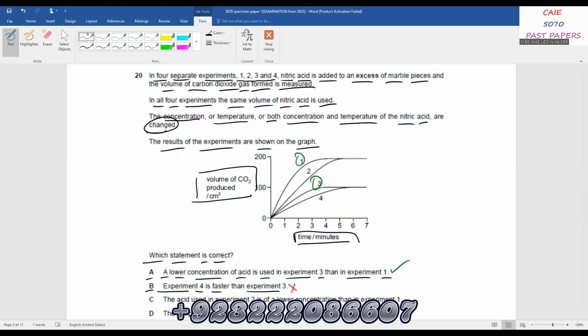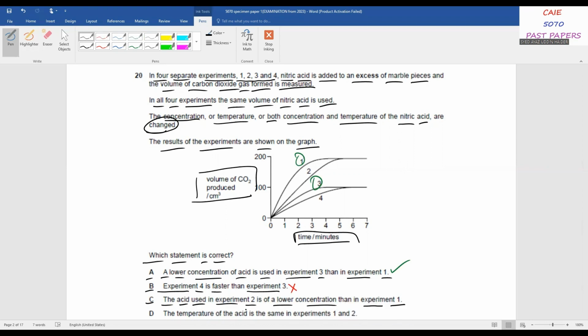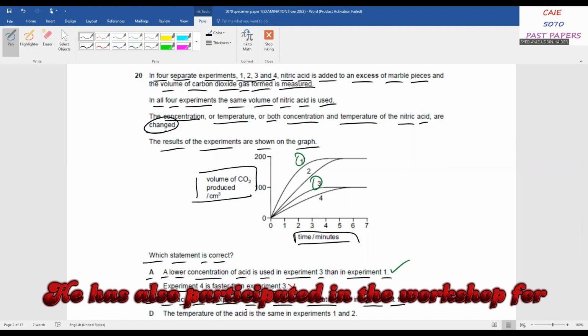Choice C. The acid used in experiment 2 is of lower concentration than in experiment 1. Let's compare experiment 2 and experiment 1. Which is of lower concentration? They are saying the acid used in 2 is of lower concentration than in experiment 1.